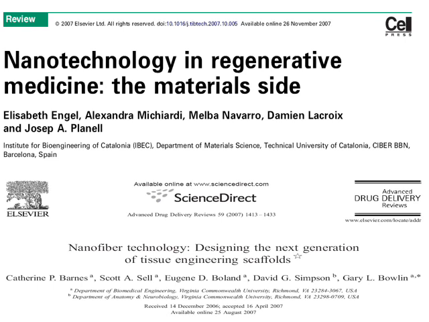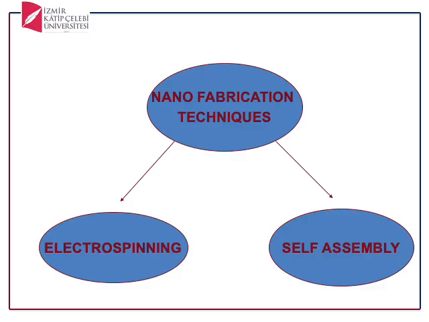There are currently more review articles discussing many applications of nanofibers in tissue engineering. Nanofabrication techniques mainly used in tissue engineering applications are electrospinning and self-assembly. There's also a fiber bonding technique, which could be related with electrospinning. We're going to see that as well in the manufacturing techniques.